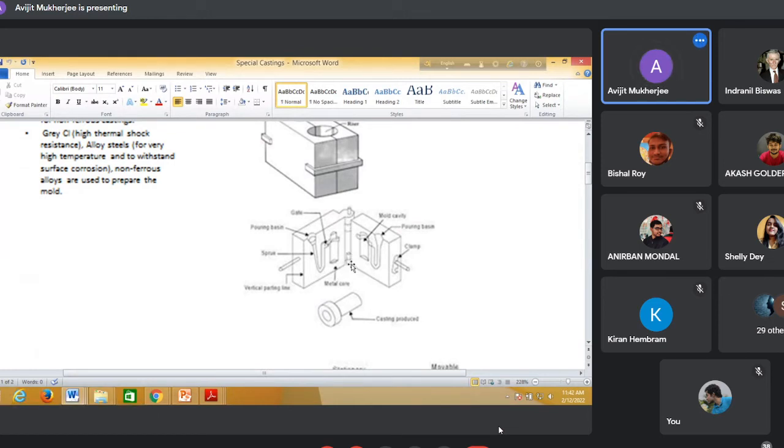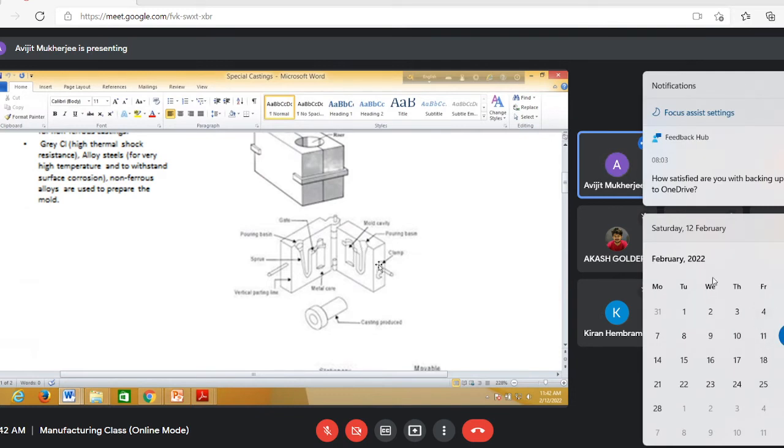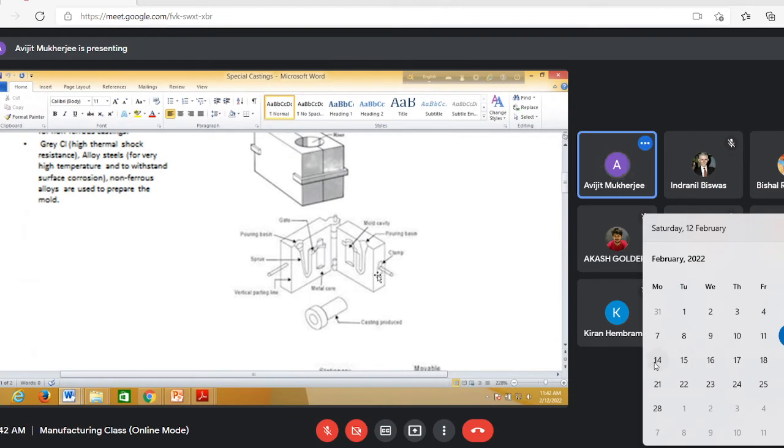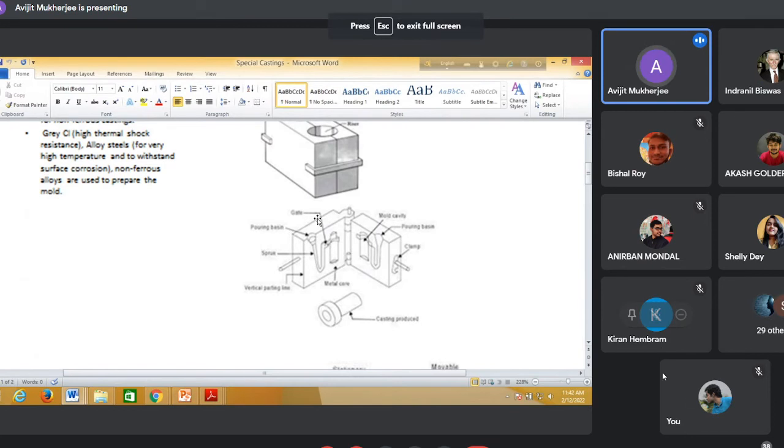You can open the book in this fashion or close the book. So here it is rigidly fixed. Mesh the two parts, clip this, and then pour molten metal. All these are riser, pouring gate, basin. After solidification, you again open, take out the part, again close, again pour molten metal, and so on.